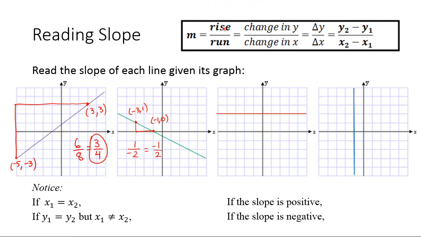Notice this rise over run formula here tells you to subtract. But you can also notice that in reading a slope, if the rise is positive, that's up. If the rise is negative, that's down. If the run is positive, that's right.